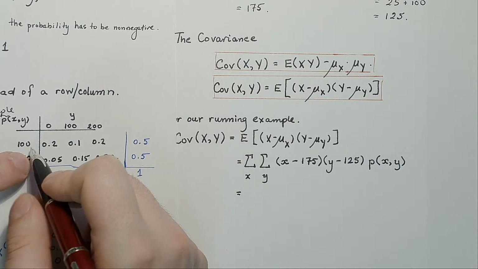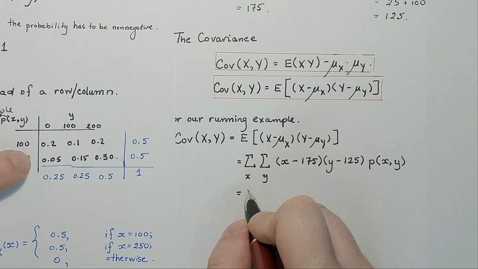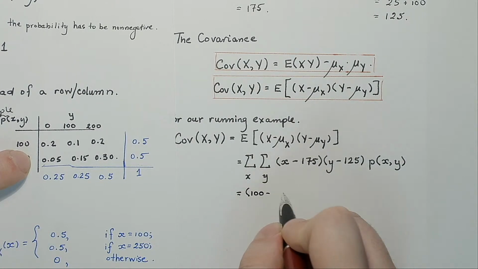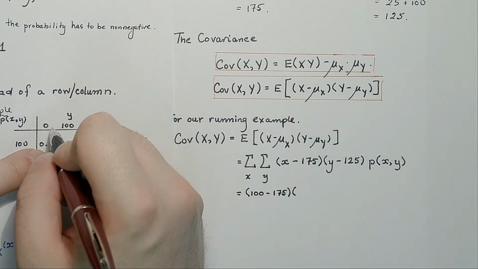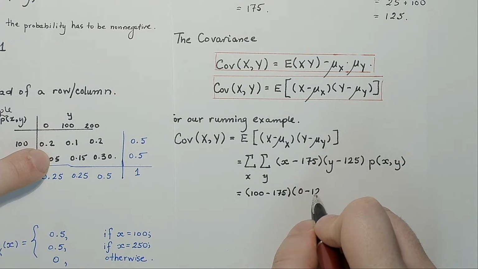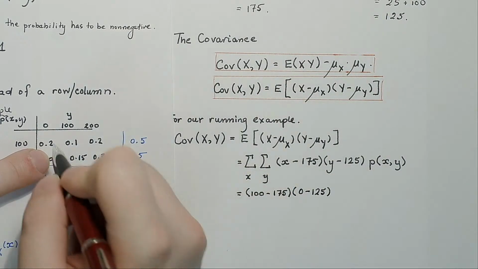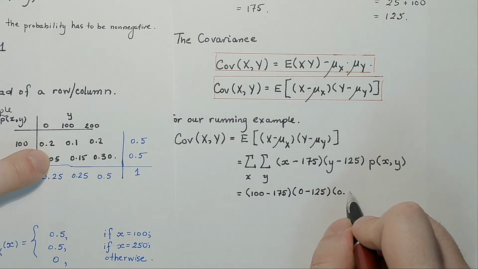values. So here I would have 100 for x, so that's 100 minus 175, and that is for 0 for the y, so 0 minus 125 times its probability, which is 0.2.